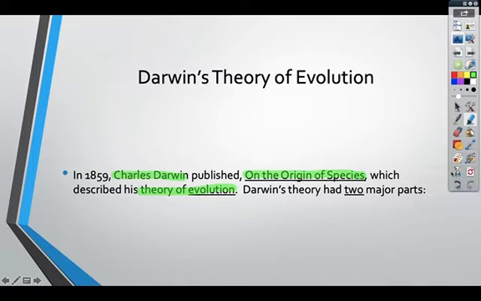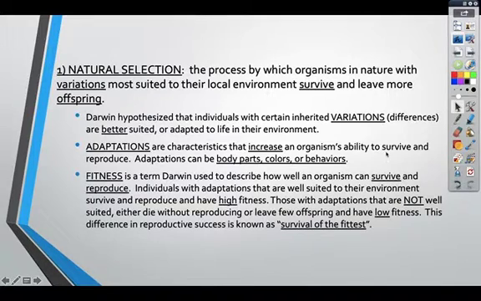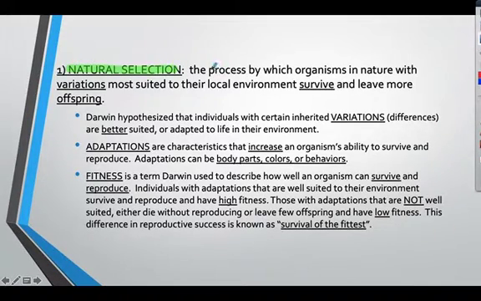Okay, so let's go ahead and talk about that first part of Darwin's theory, which is natural selection. And what natural selection is, it's a process in which organisms in nature with variations that are most suited to their local environment survive and leave more offspring.